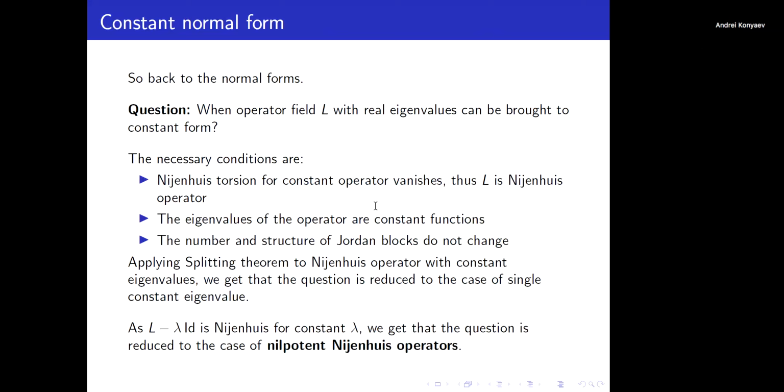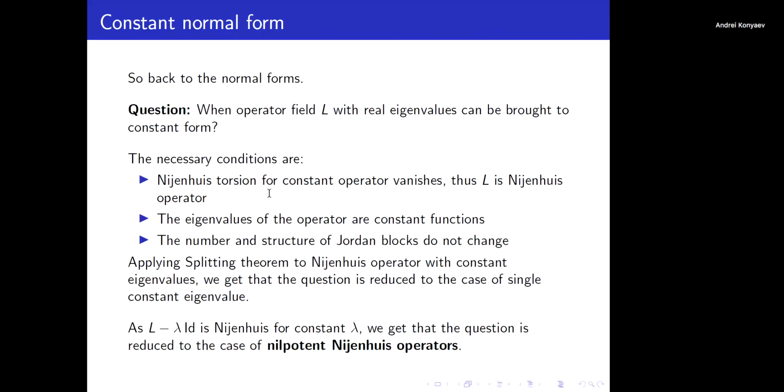This is rather obvious, but it's not useless, because you can take eigenvalues to be 0 and have Nijenhuis torsion be 0, but still have some transformations, bifurcations. So in general, you need to add this condition. Those are necessary conditions.